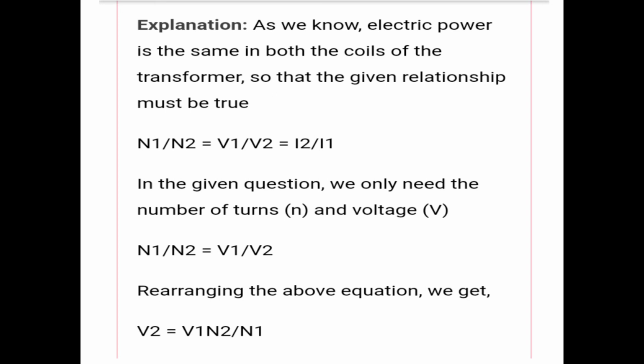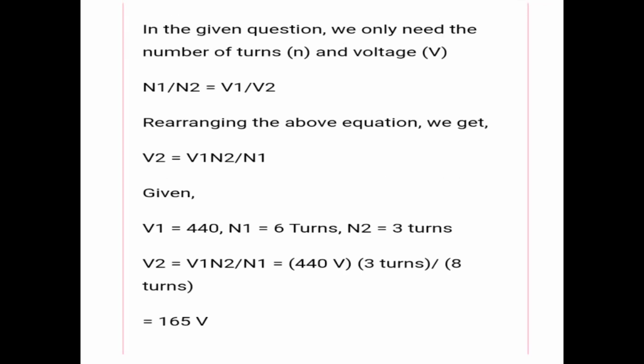Current is interchanged. In the given question we only need the number of turns and voltage. So N1 upon N2 is equal to V1 upon V2. Rearranging, we get V2 is equal to V1 into N2 upon N1.